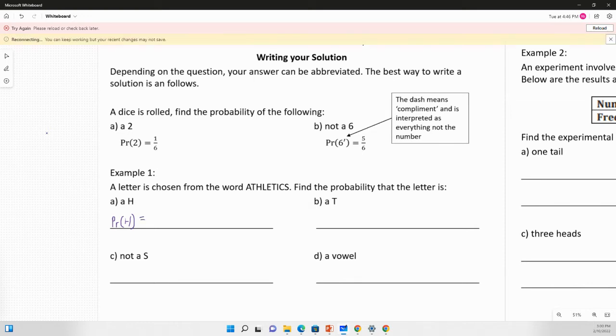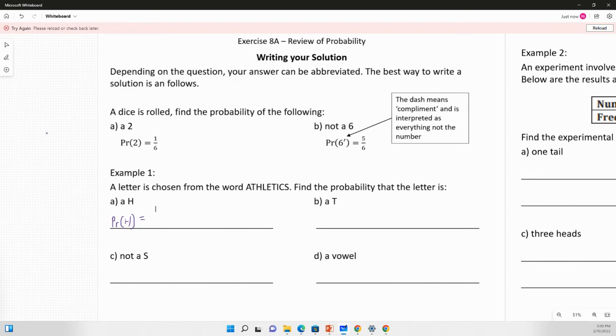equals. Now, remember, our numerator is the number of favorable outcomes. So let's have a look at this word. If we're picking one letter from this word, there is only one that's an H. So that becomes our numerator of our fraction.